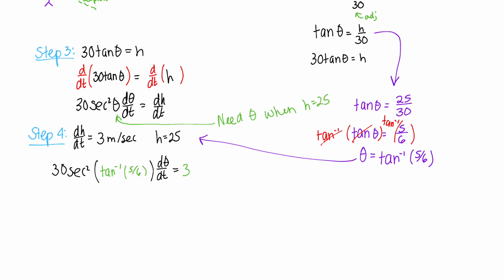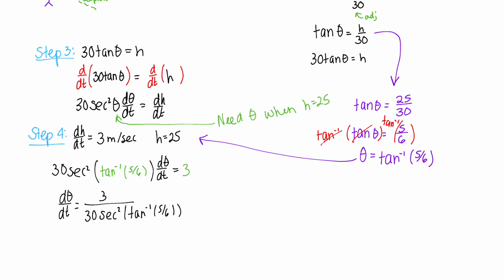So solving for d theta dt, you'll get 3 over 30 secant squared of tan inverse of 5/6.